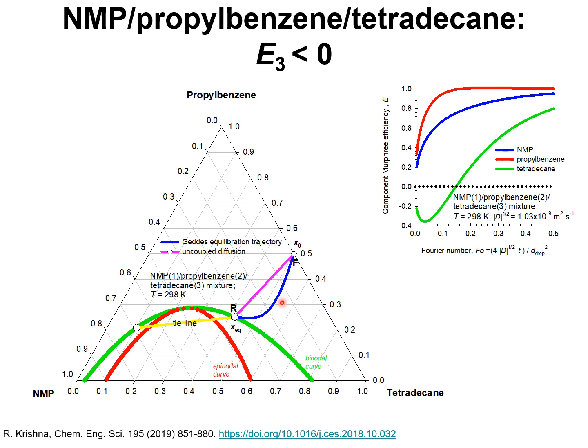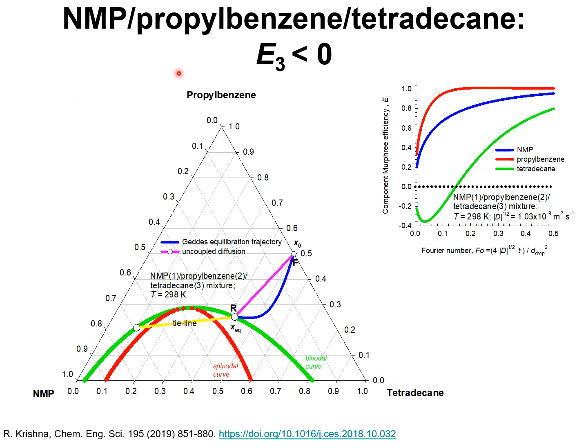The equilibration trajectory is curvilinear and does not follow the straight line path dictated by a model that assumes that the components will transfer at the same rate.